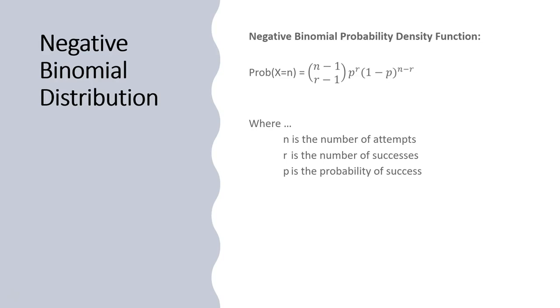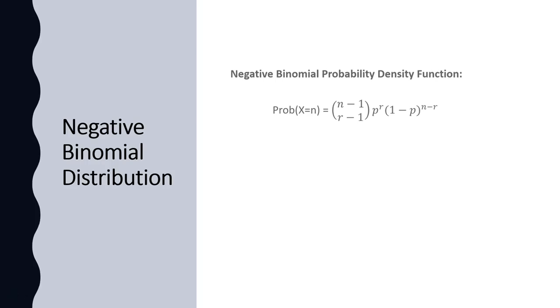So here we still have the probability of success raised to the number of successes, the probability of failure raised to the number of failures, but our combination formula is a little bit different. If we further convert this probability density function, it actually simplifies to that combination that we looked at before.